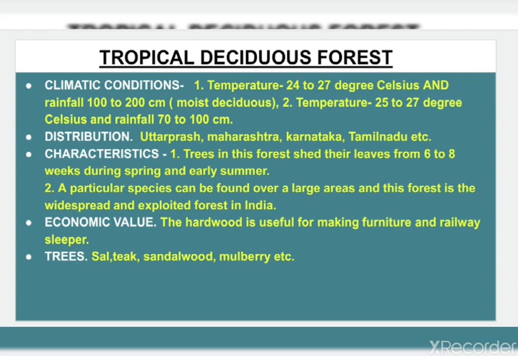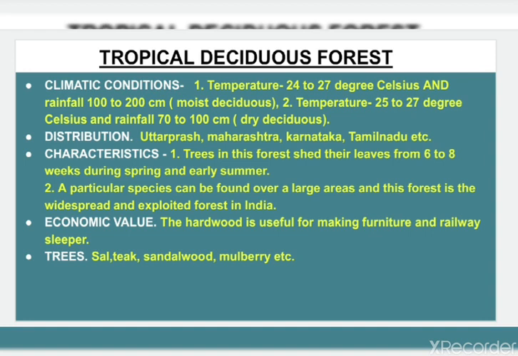One is moist deciduous, another one is dry deciduous. To grow moist deciduous trees, temperature should be 24 to 27 degrees Celsius and rainfall should be 100 to 200 centimeter. Whereas, to grow dry deciduous, temperature should be 25 to 27 degrees Celsius and rainfall should be 70 to 100 centimeter.